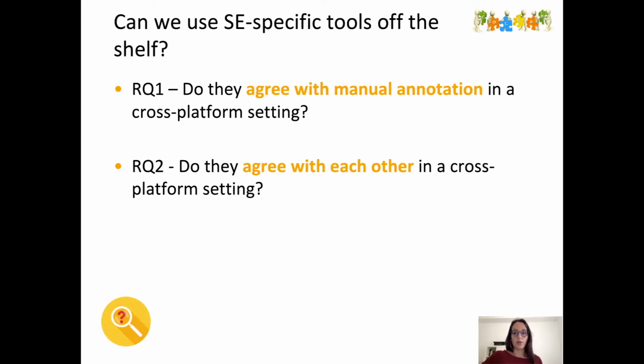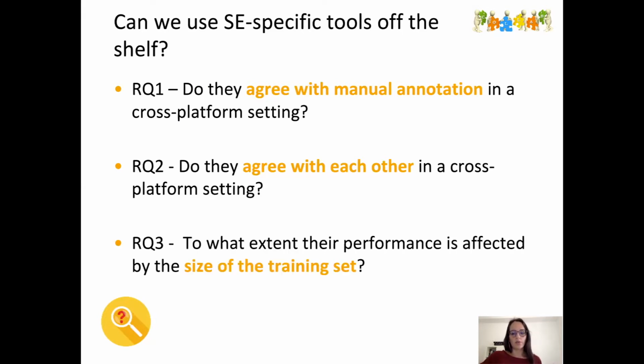The second one is, do they agree with each other? So we are basically trying to assess the performance of these tools when used without platform-specific retraining. And the third question aims at identifying the ideal size of the training set for retraining supervised tools.